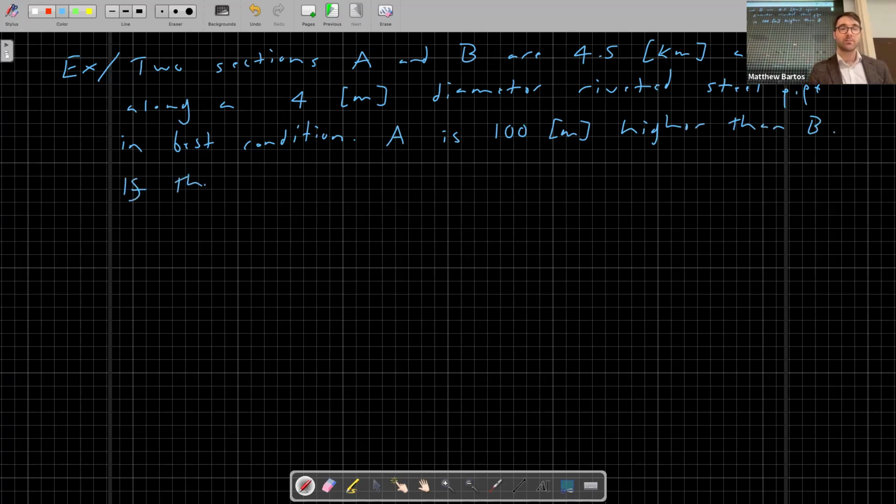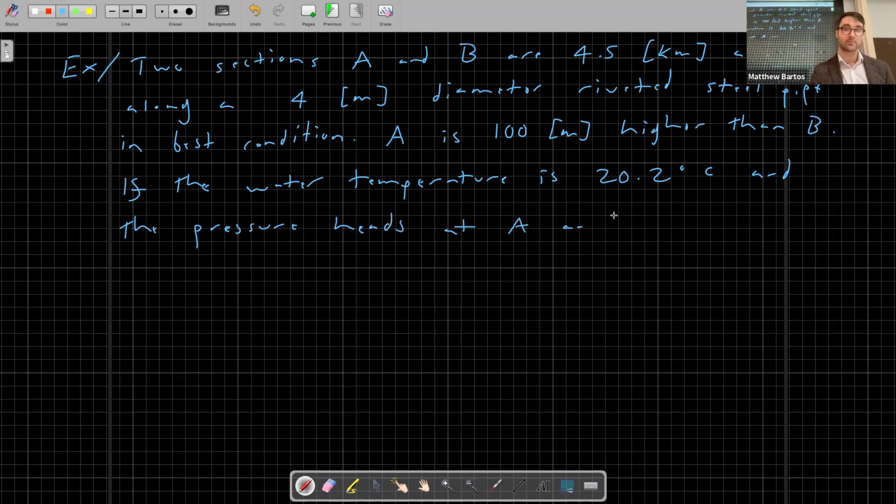If the water temperature is 20.2 degrees Celsius, and the pressure heads at A and B are measured to be 8.3 meters and 76.7 meters, respectively.